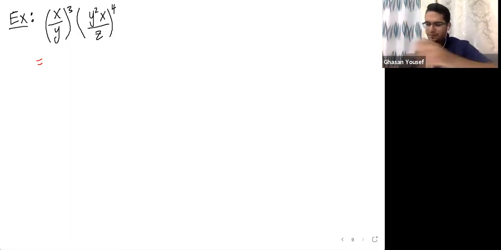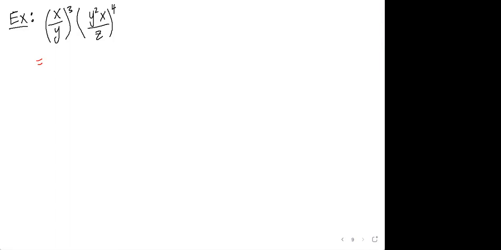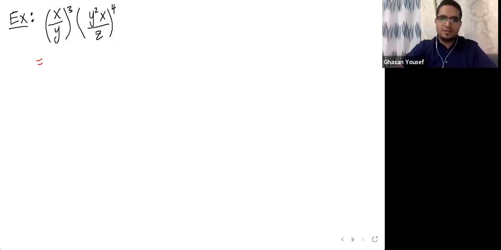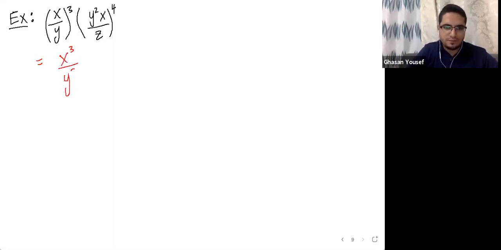Who will help me? Wouldn't you do x to the third power over y to the third power? Exactly. We're distributing the 3 inside the parentheses. So I get x to the power 3 over y to the power 3.